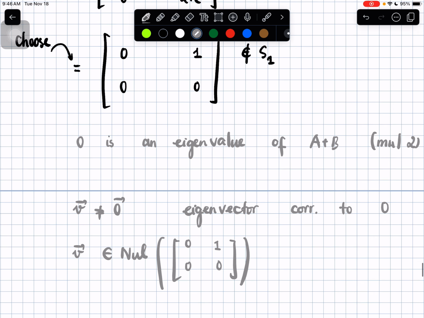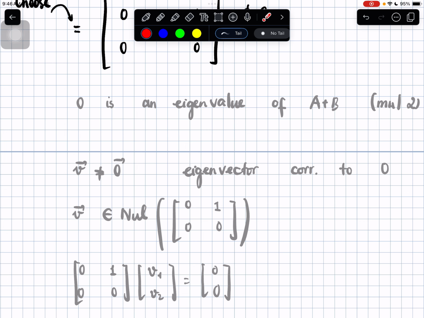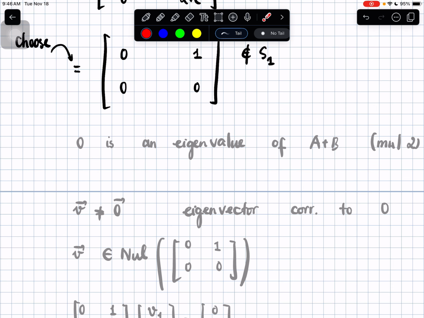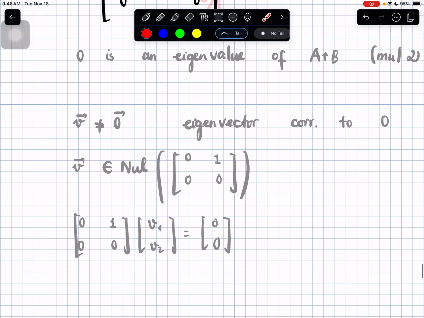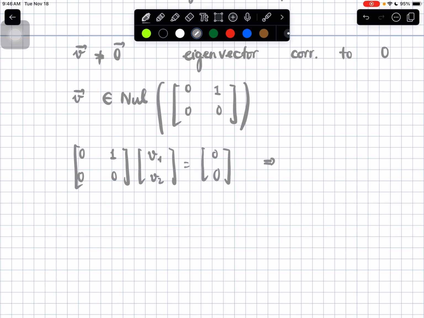So what you do is solve the equation of the matrix times V1, V2 equal to 0, 0 to find the eigenvectors. Usually if the eigenvalue is not 0, you do the matrix minus lambda I. In our case, lambda is 0. So the matrix is this one. This is equivalent to 0 V1 plus 1 V2 equals 0.